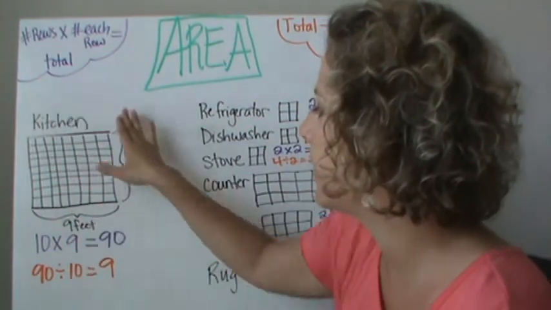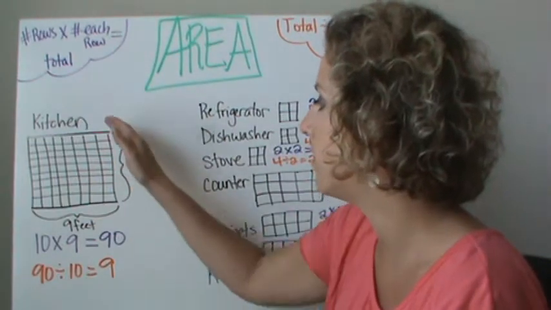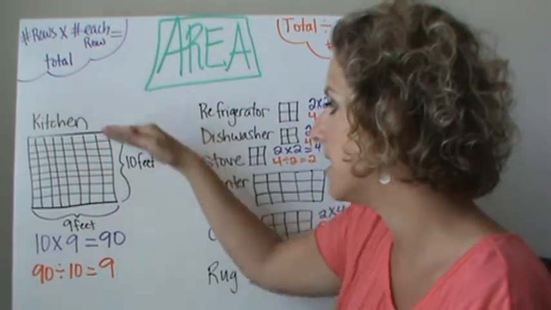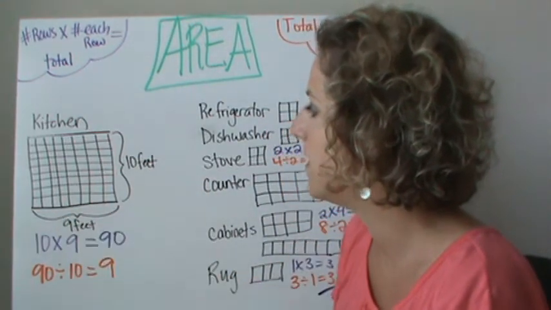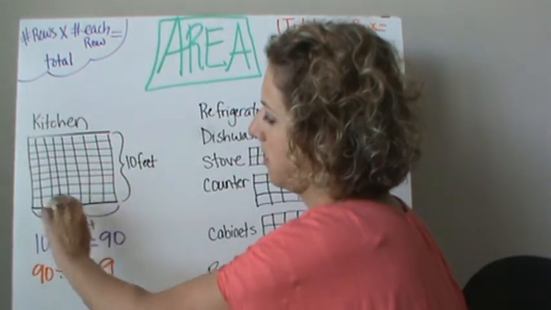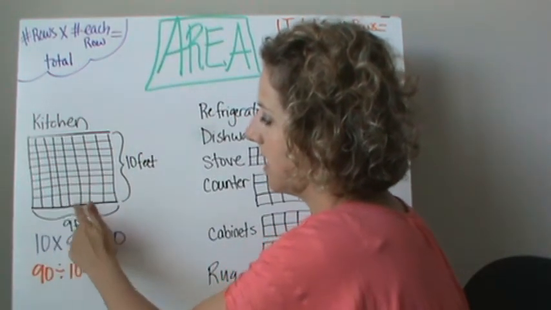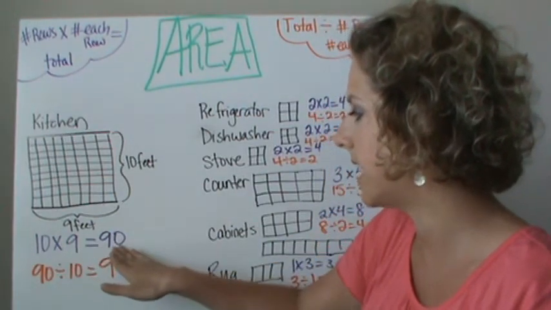So first I have to figure out how big is my kitchen. Well, I've already drawn it out. It's 10 feet going this way, 9 feet this way. So there are 10 rows of 9 feet. That would make it 10 times 9 equals 90.